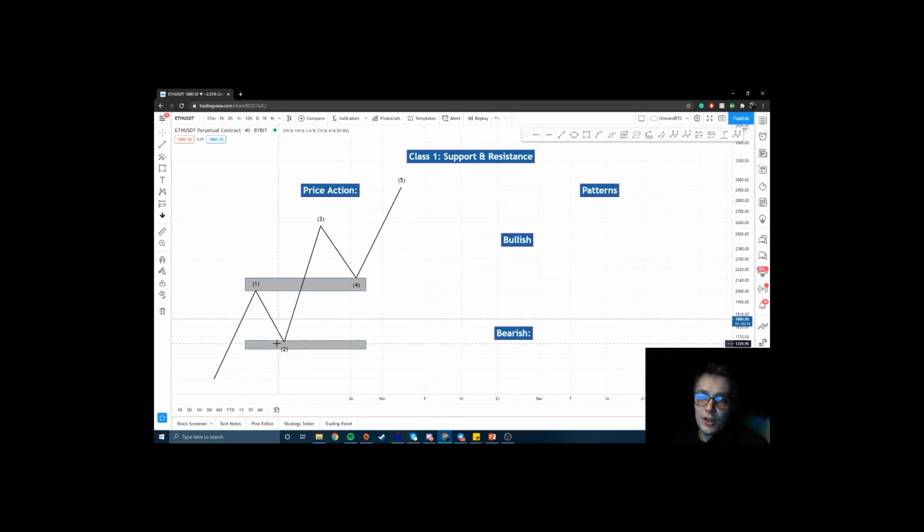So if this consolidation pattern, wave 1 to 2, forms either of these bullish patterns I'm about to show you guys, then that means that once this pattern breaks out, it's likely to continue with the trend, or in this case, a bullish move.